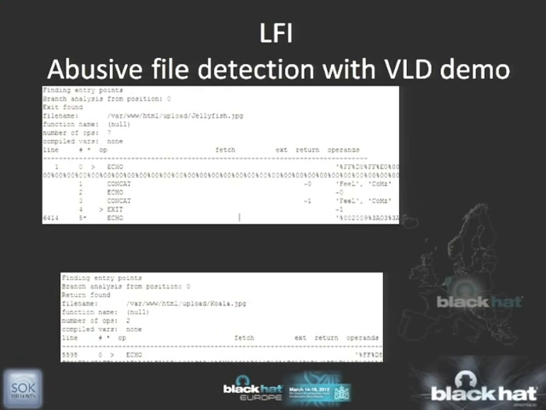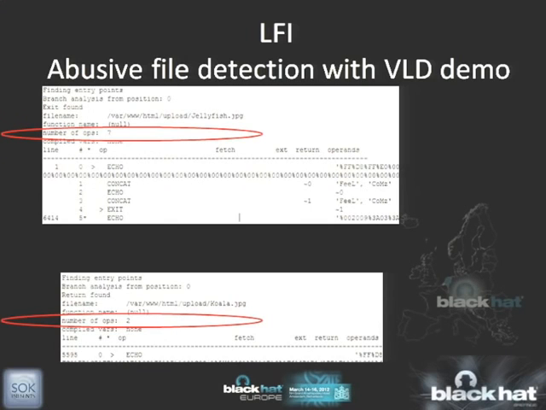The upper example is of the picture we've just seen, and we can see that it was compiled to echo and then concat fill columns, again echo and concat fill columns, and then return to the picture where it's echo again, and we see the number of operations is 7, while if we try to compile a benign picture with VLD, we'll see only two opcodes, which are the echo and the return.